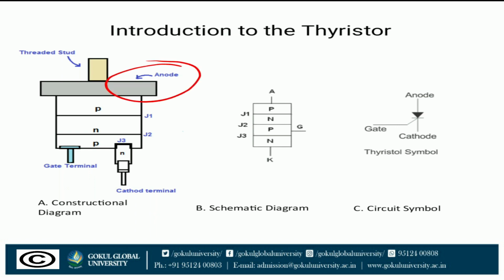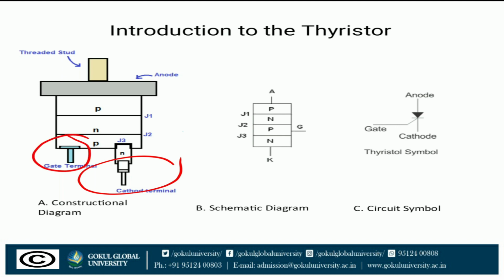The terminal connected to the outer N region is called the cathode. The terminal connected to the inner P region is called the gate terminal. For a large current application, a thyristor needs better cooling. This is achieved to a great extent by mounting them onto heat sinks.